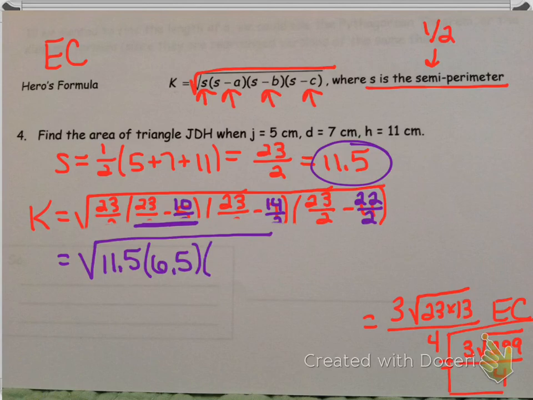Then you would do the 11.5 minus 7, which is 4.5. And then you would do the 11.5 minus 11, which is just 0.5.